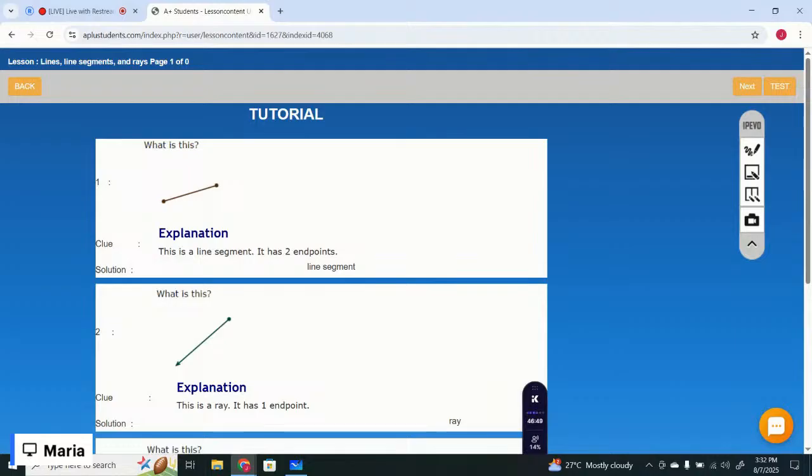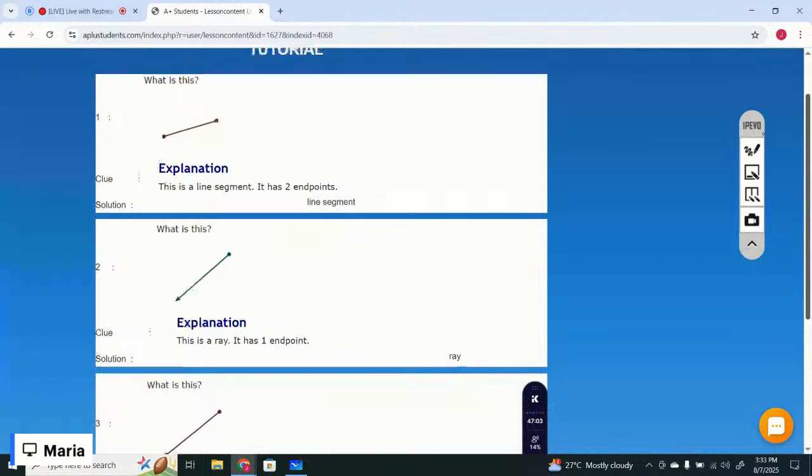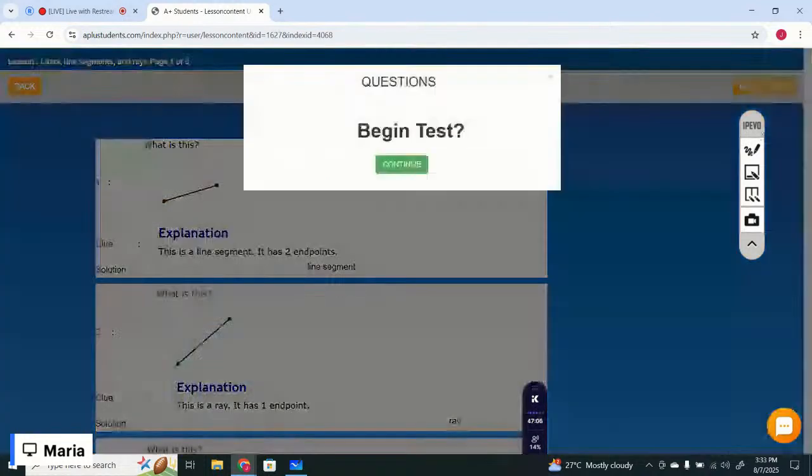It is a line segment. This is a line segment. What is this? This is a ray. Let's just start with the test questions.